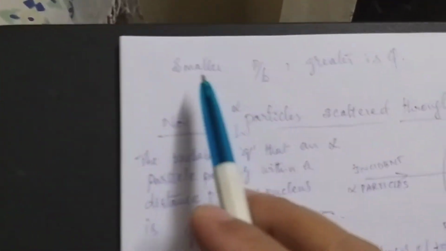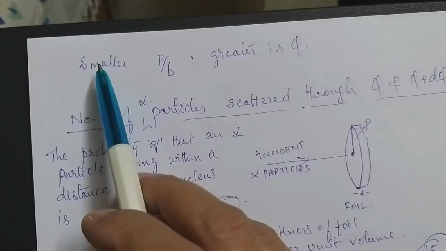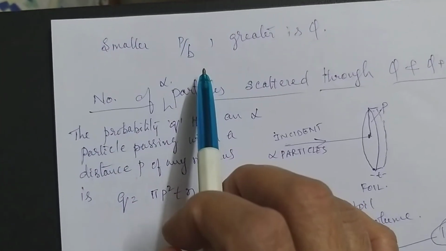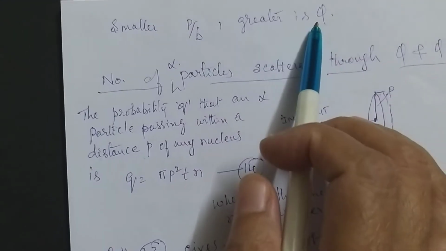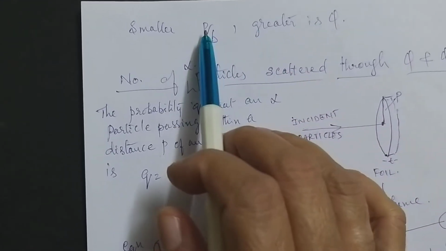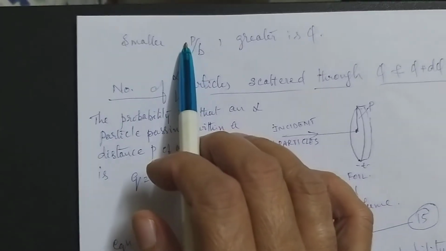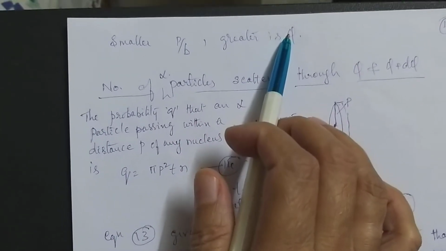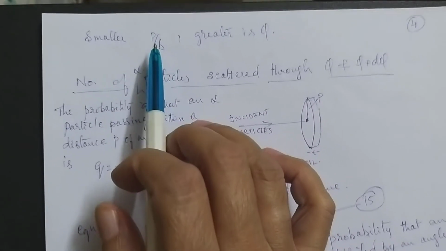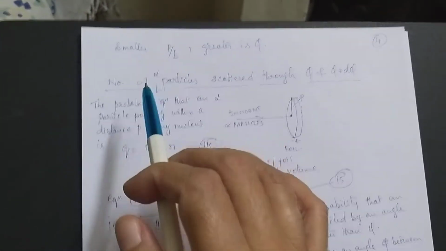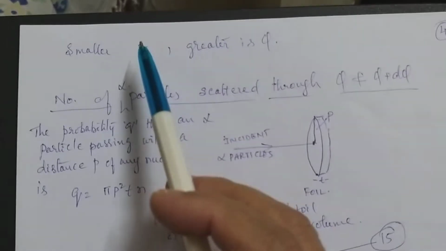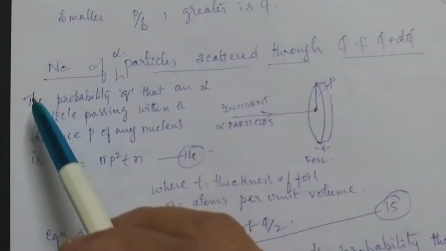Now from this relation we conclude that smaller the value of P by B, greater is phi. That means B is constant anyway. So if P increases, then the deflection also increases. If the alpha particle's perpendicular distance from the nucleus increases, then phi also increases.